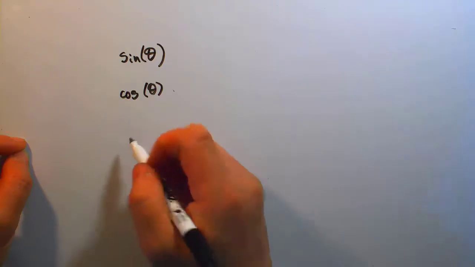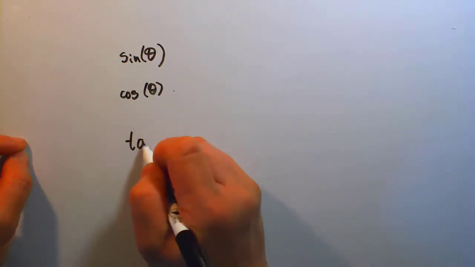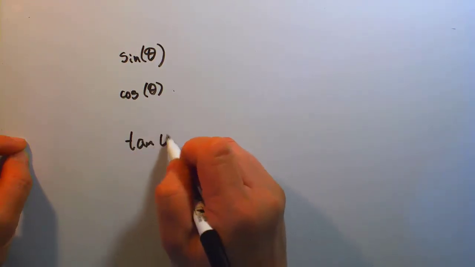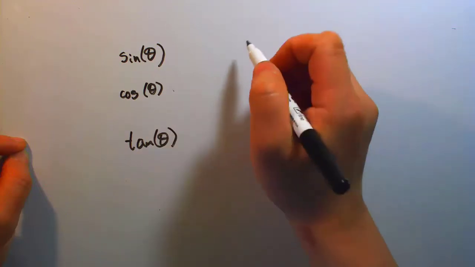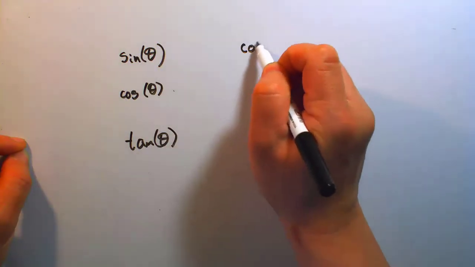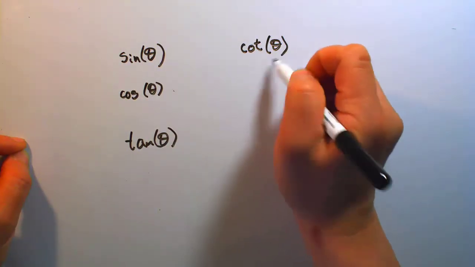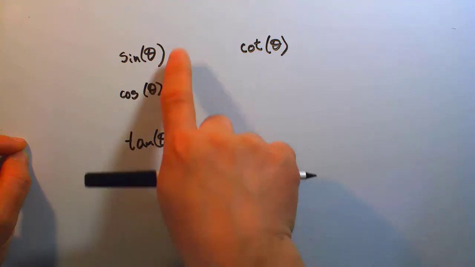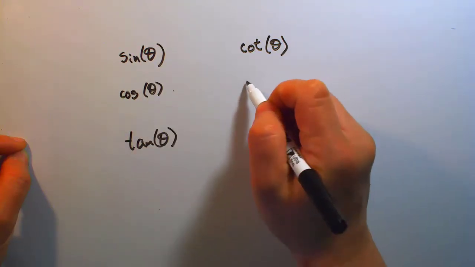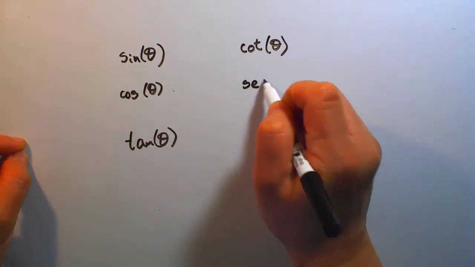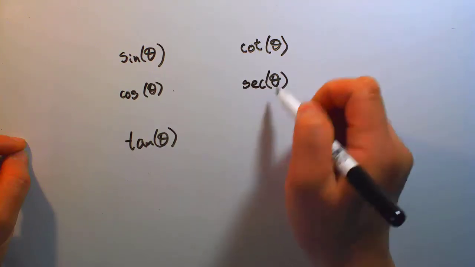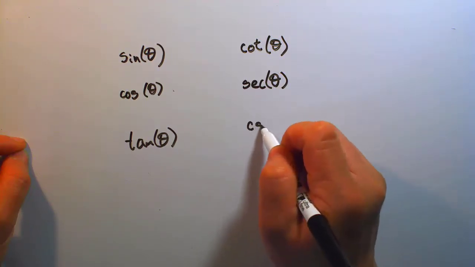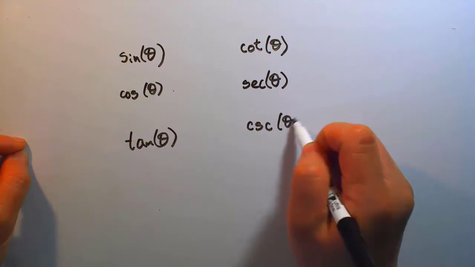And then now we're starting to learn tangent of theta. And then after tangent, we just now looked at cotangent of theta. And these so far have been given as definitions strictly based on sine and cosine. And so secant of theta. And then cosecant of theta.